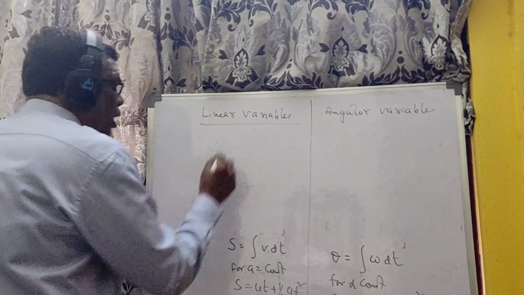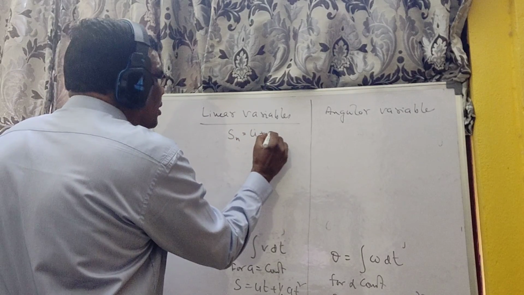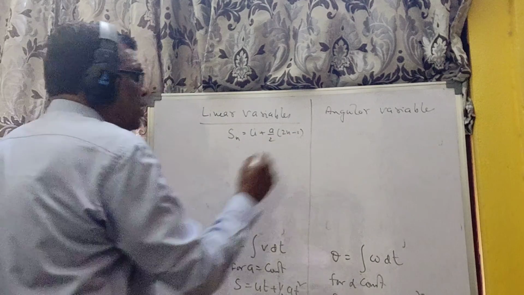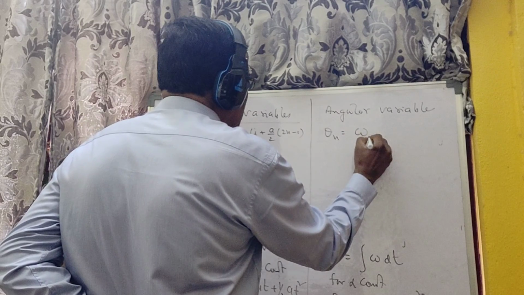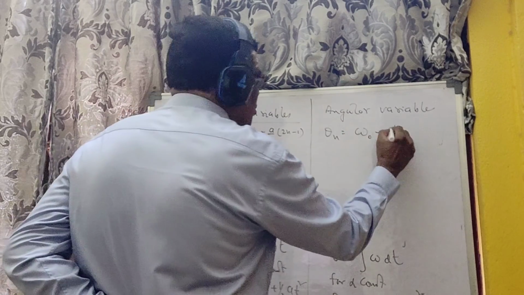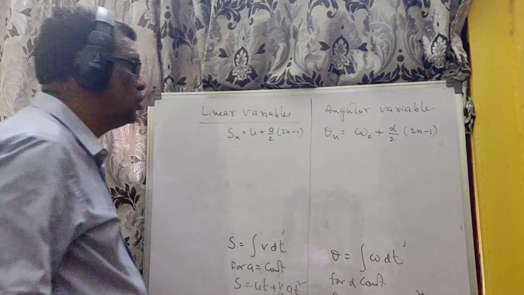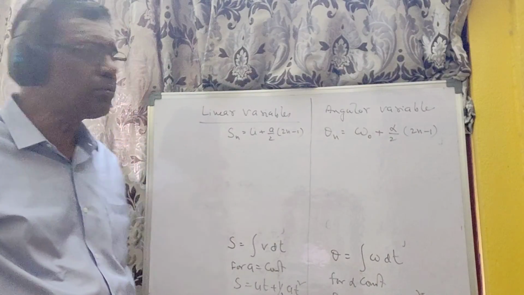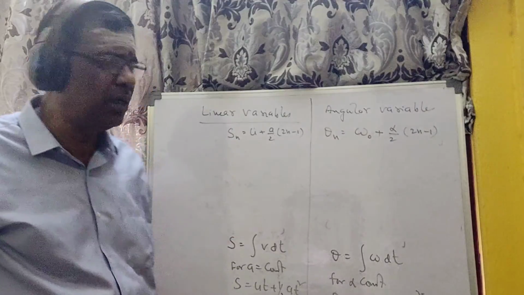Okay? Now, you remember, for A constant, you have written S n is equal to u plus A by 2 into 2n minus 1. Theta n is equal to omega naught plus alpha by 2 into 2n minus 1. Same way, A constant, here alpha constant.